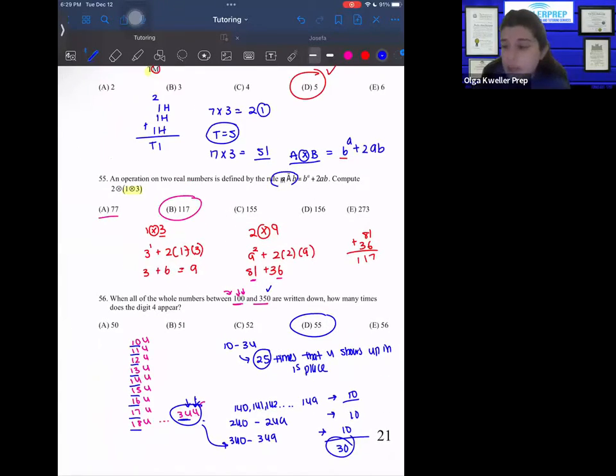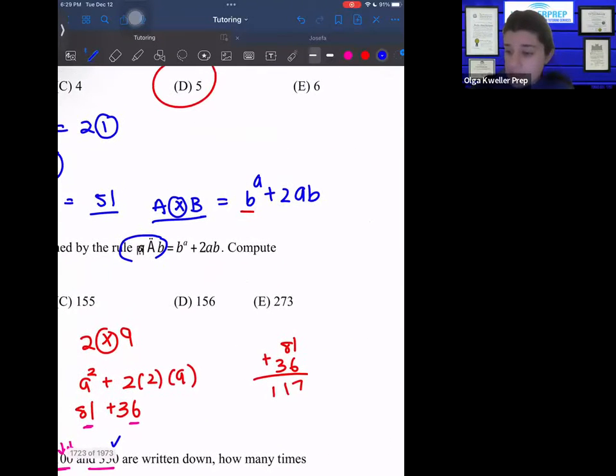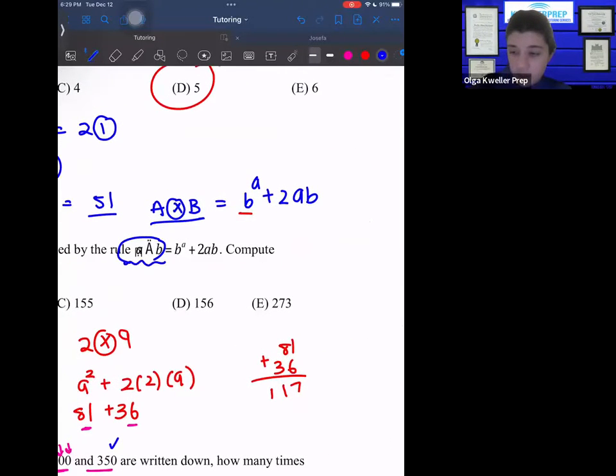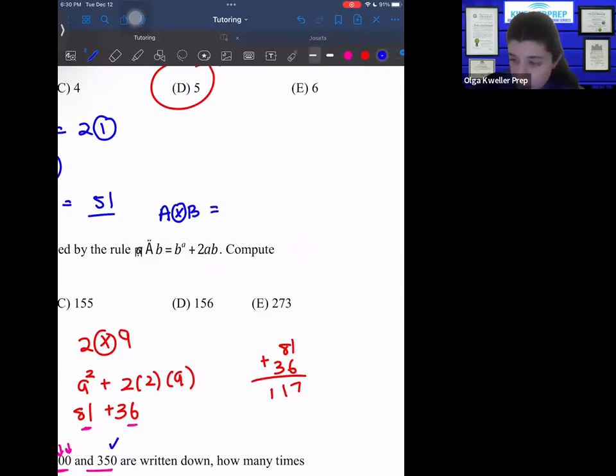Okay, the first thing about this one is just realize that this is a typo. This is an issue with the question print. The question should have said A symbol B is equal to B to the A power plus 2AB. So they're giving you a code.